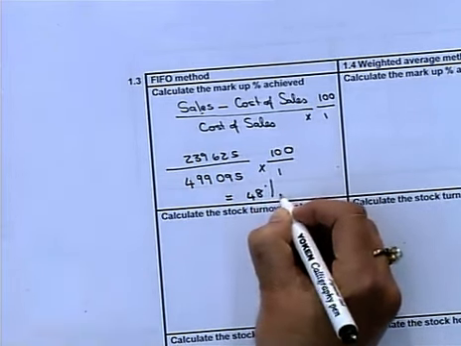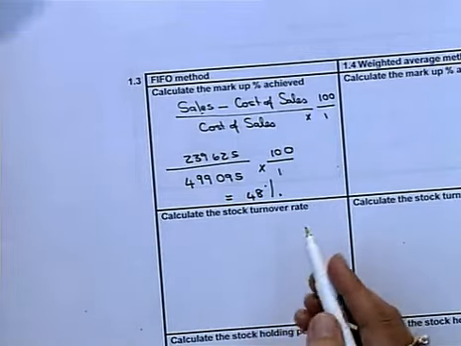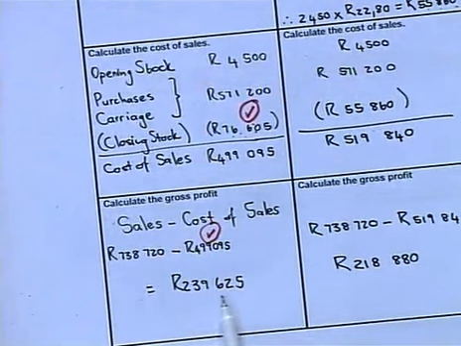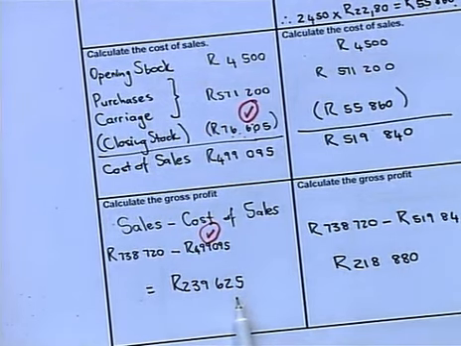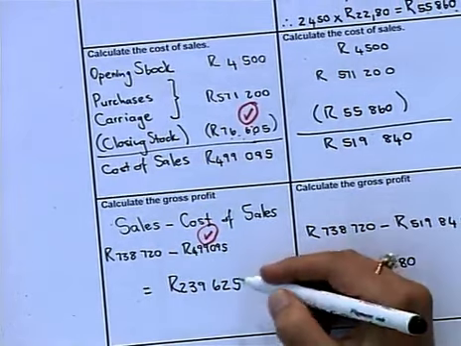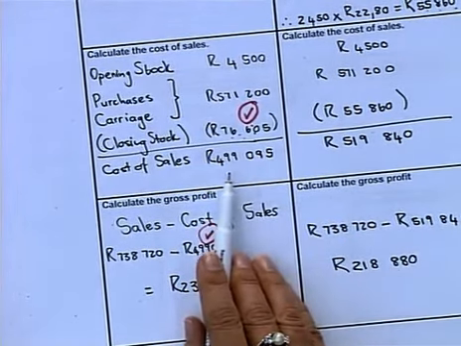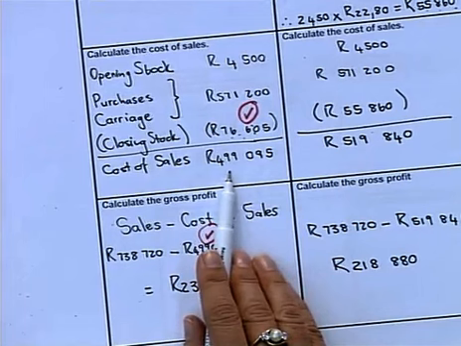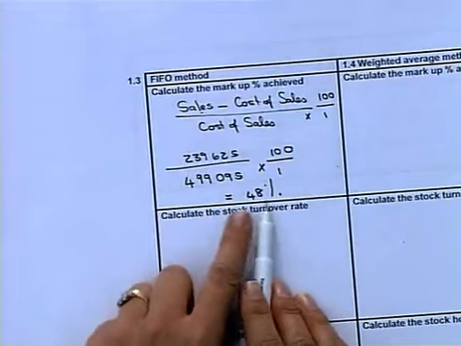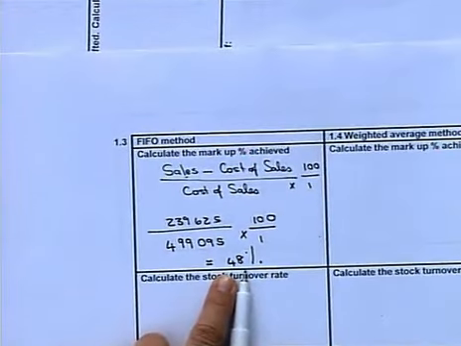48%. Just to clarify again, where did I get that information from? I said sales minus cost of sales is gross profit divided by my cost of sales, and I worked it out as a percentage, and I got to a 48% markup.